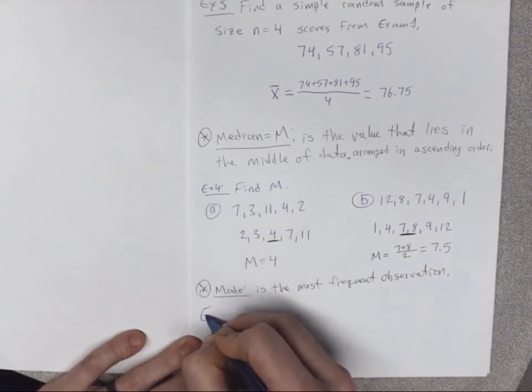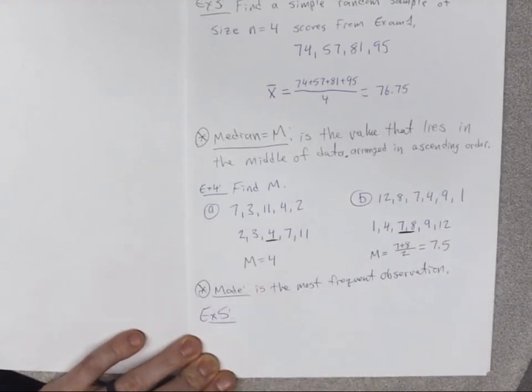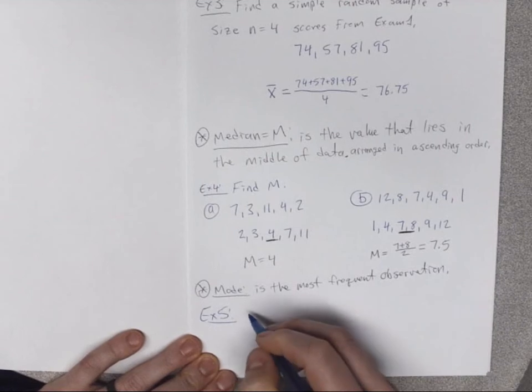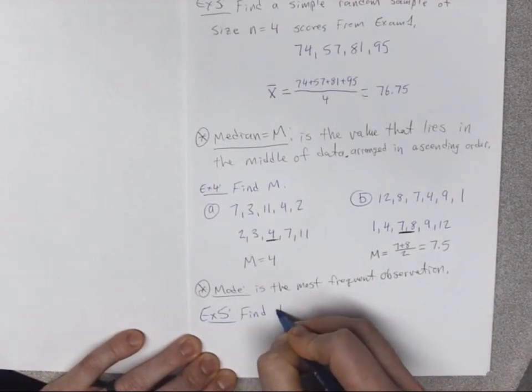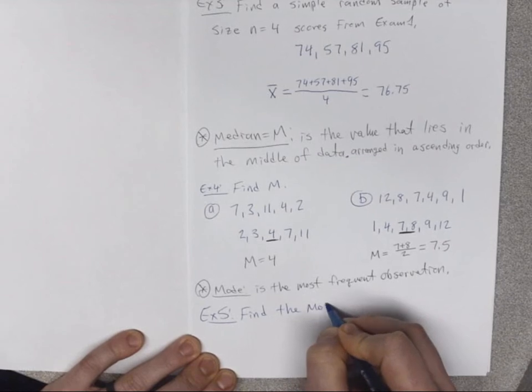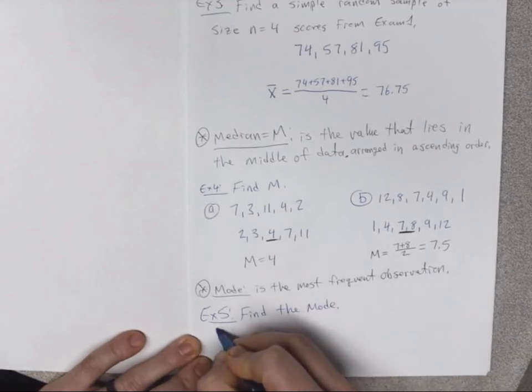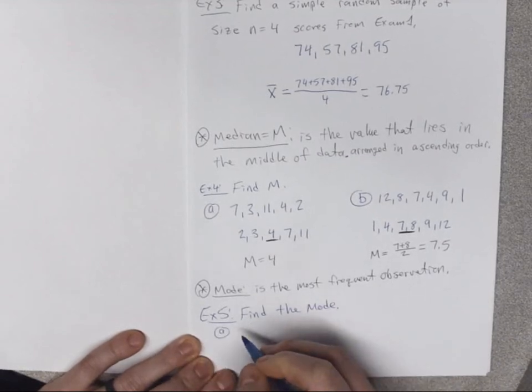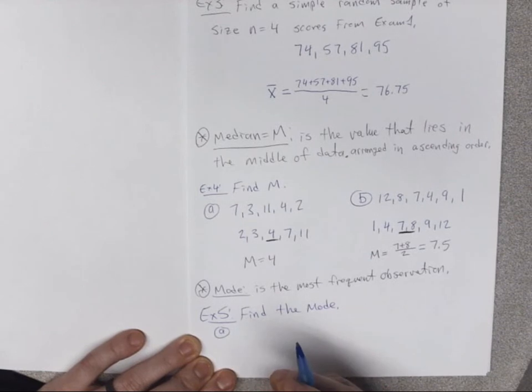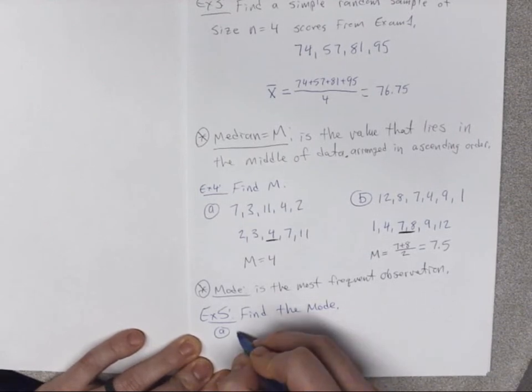Call this example 5. And we'll just simply say find the mode. And here's A. So mode means to find the one thing that occurs the most.